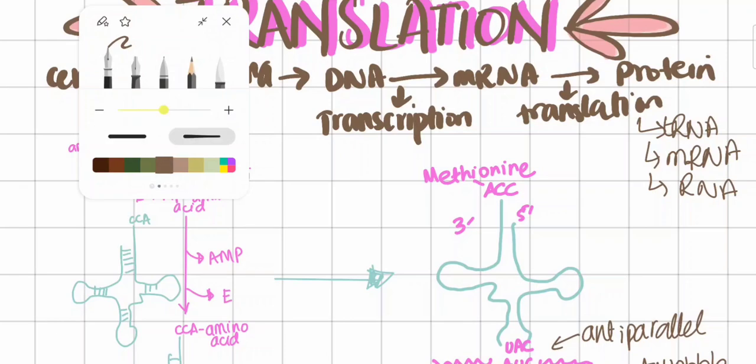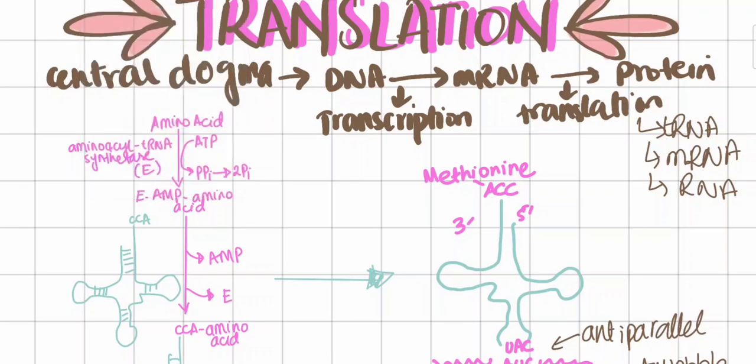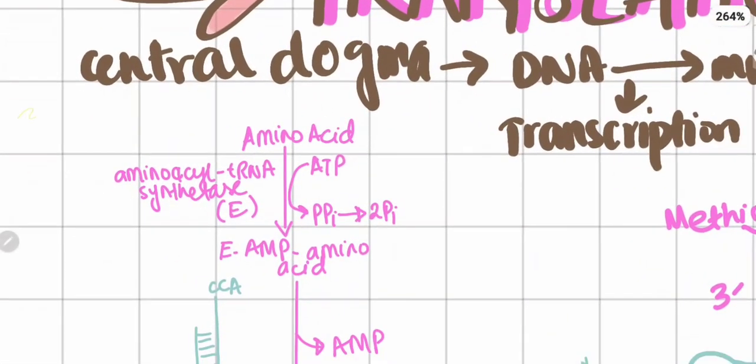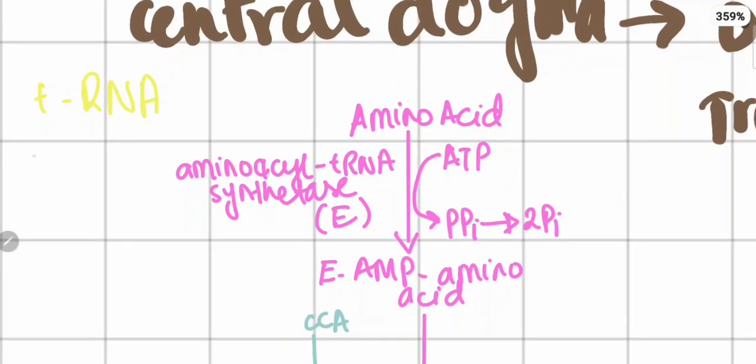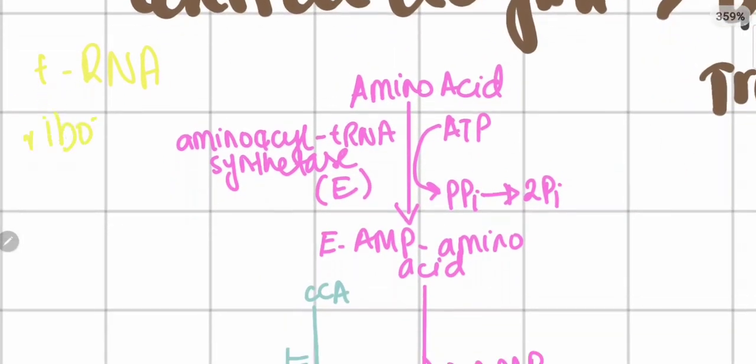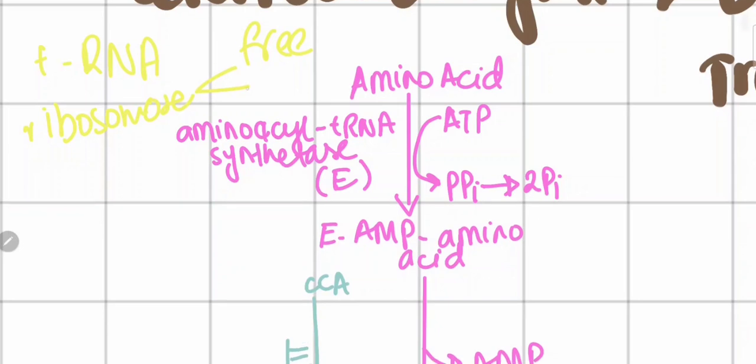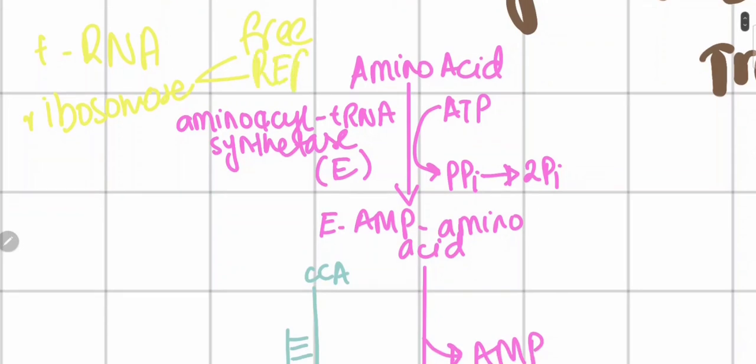translation to run smoothly, we need good transfer RNA. We need ribosomes. Ribosomes can be freely floating in the cytosol or attached to the rough endoplasmic reticulum.